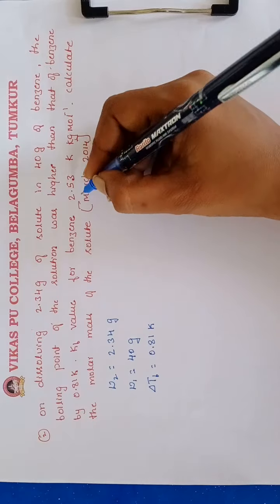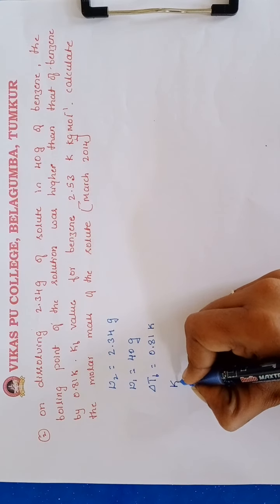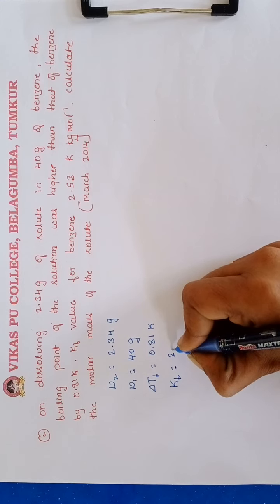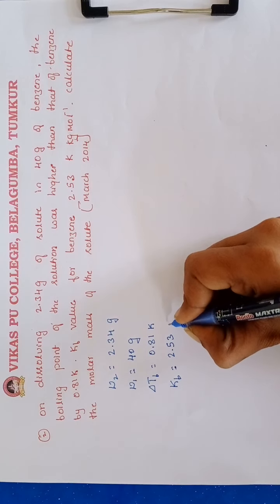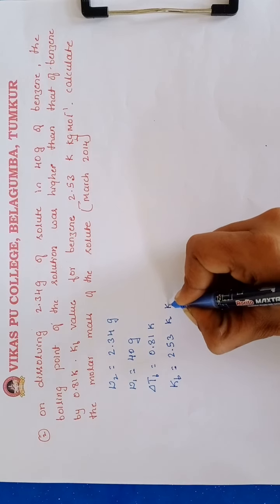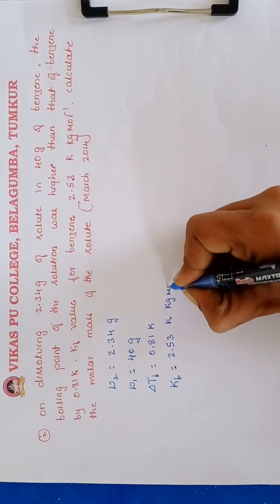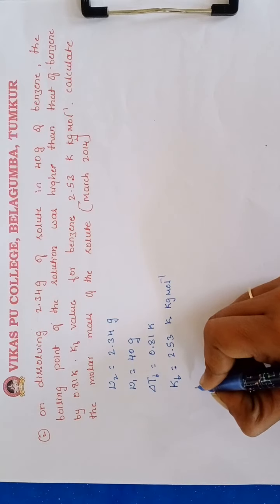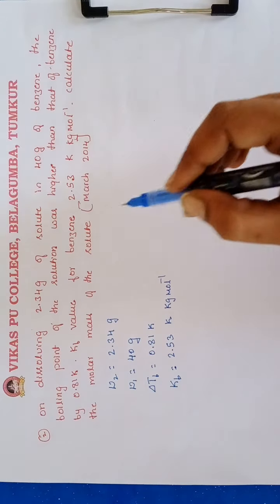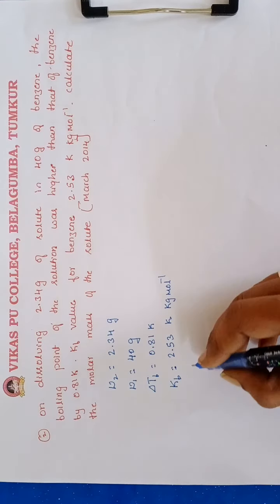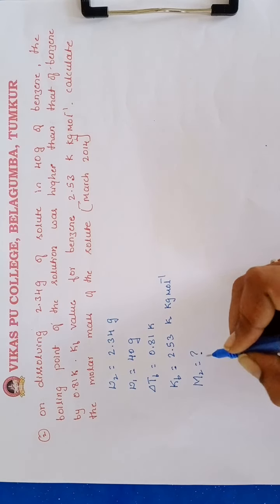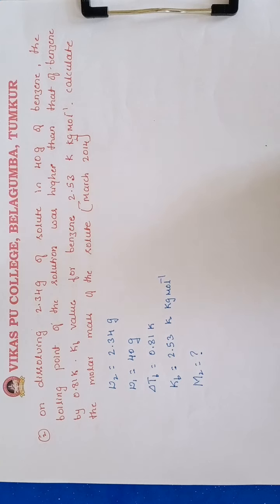Then Kb is the given constant, Kb is equal to 2.53 Kelvin kg per mole. We should calculate the molar mass of the solute, that is M2.